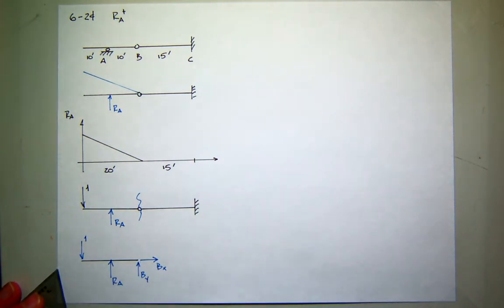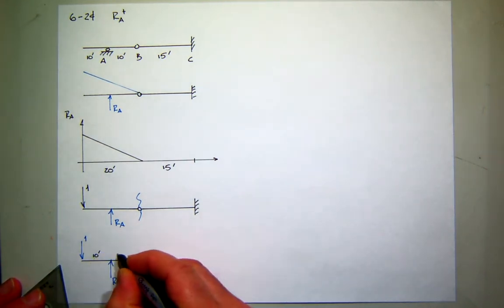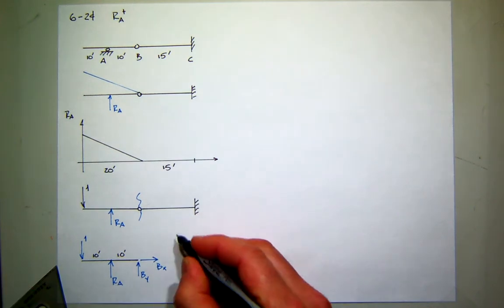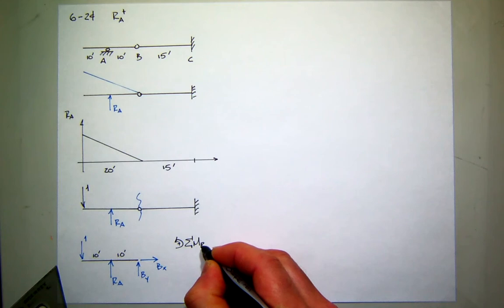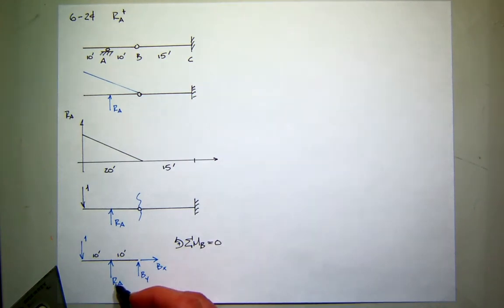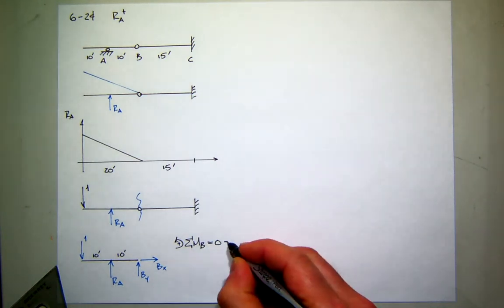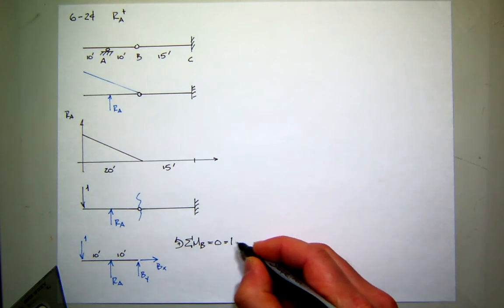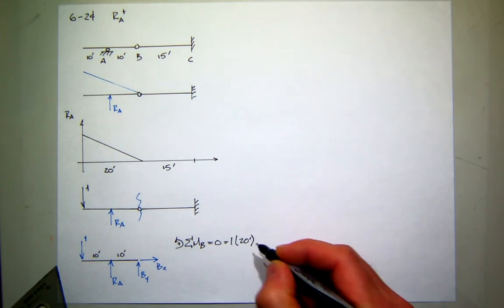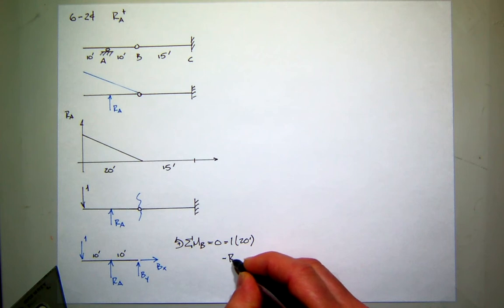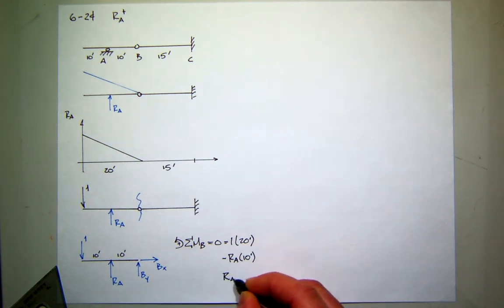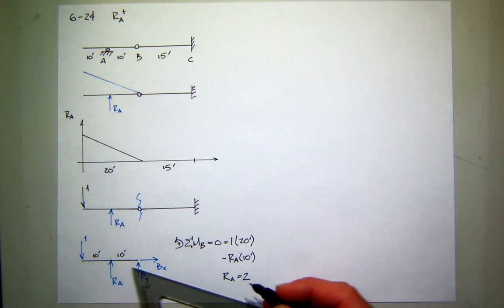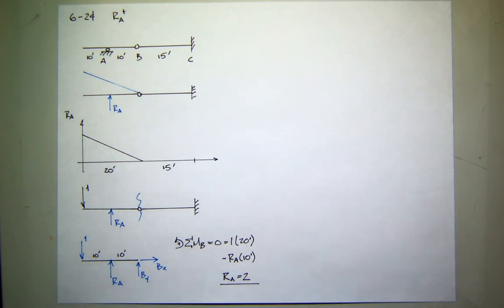And those dimensions are 10 and 10. So I can sum moments at B, make sure this is in equilibrium, and I can find RA. So I would have a positive moment of 1 times 20 feet minus my reaction at A times 10 feet. So it looks like my reaction at A is 2. So I can come back up here and say that this is 2.